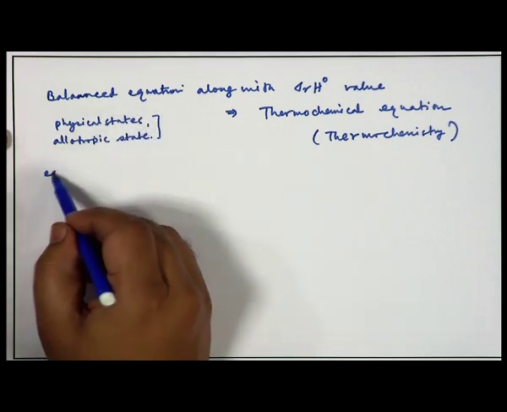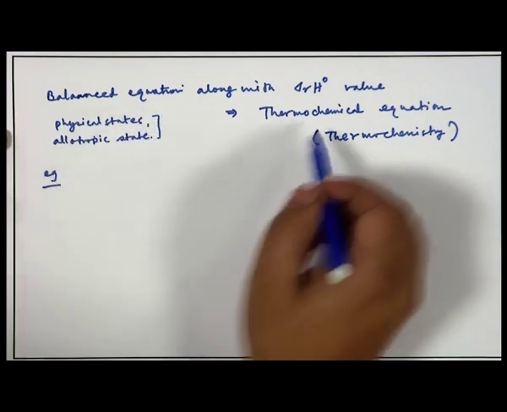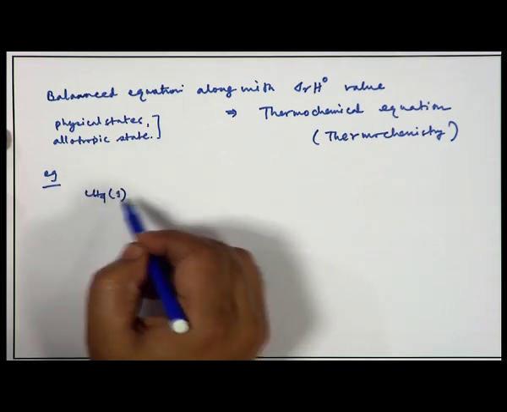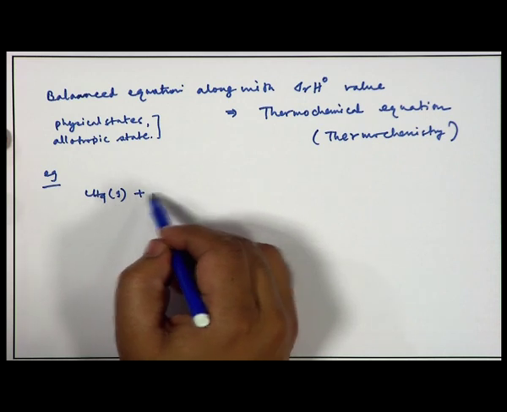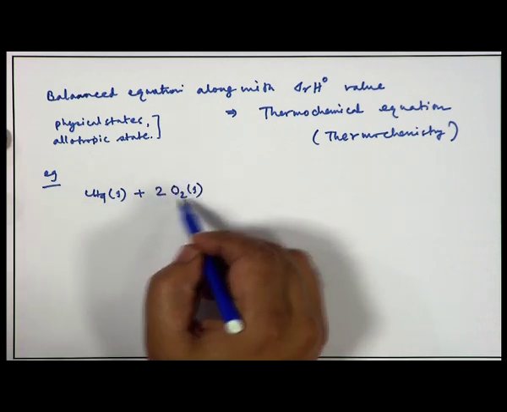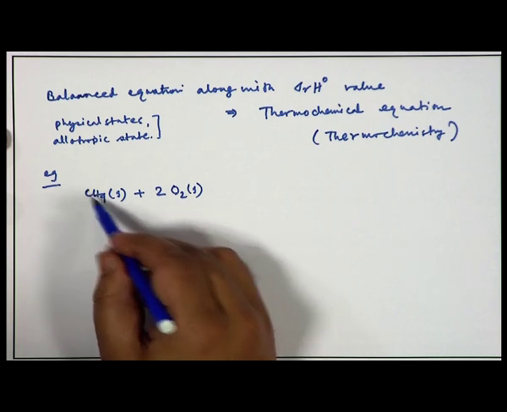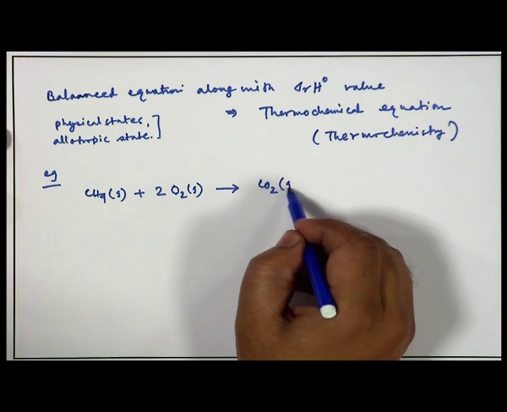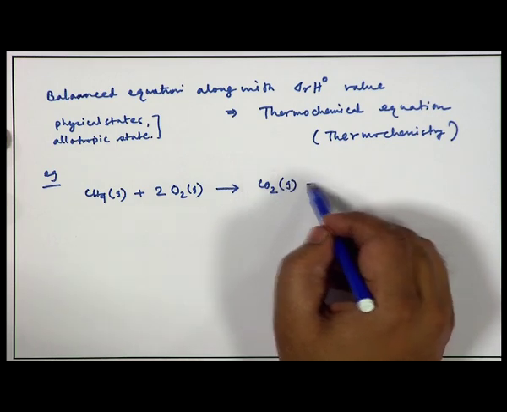Just for giving one example of a thermochemical equation, we have just written in the last example, where we are giving the physical state of each reactant and each product.